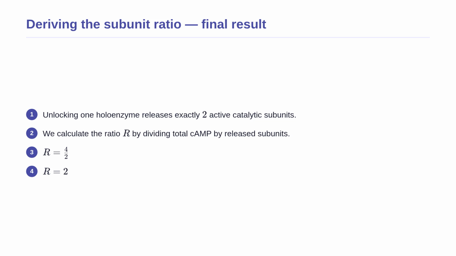We substitute our values into the fraction, giving us 4 divided by 2. Simplifying this fraction yields our final result. Exactly 2 cyclic AMP molecules are required for every 1 catalytic subunit released. This mathematical proof directly reflects the physical biological structure of the enzyme, ensuring our cascade calculations are perfectly accurate.